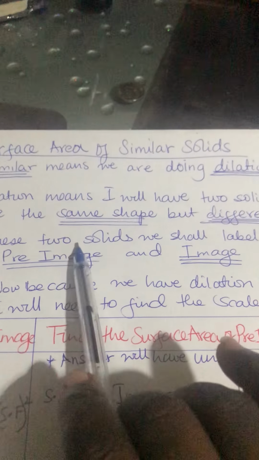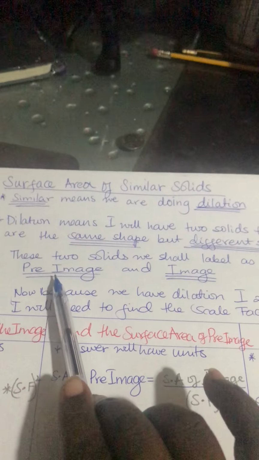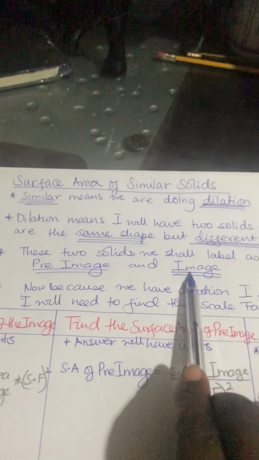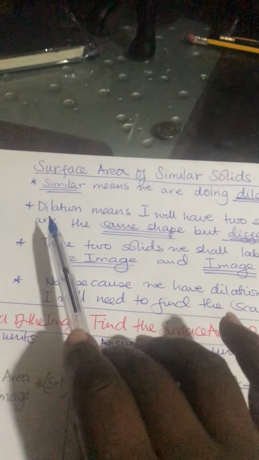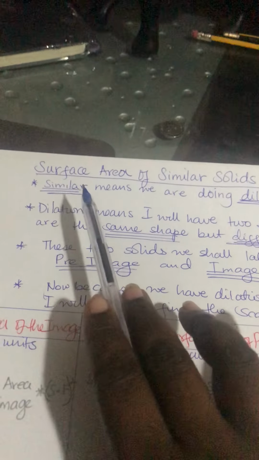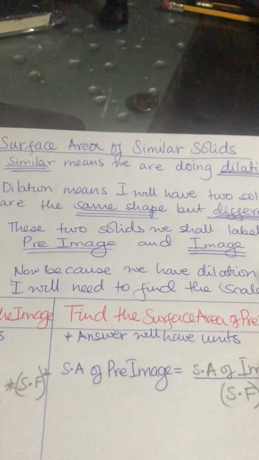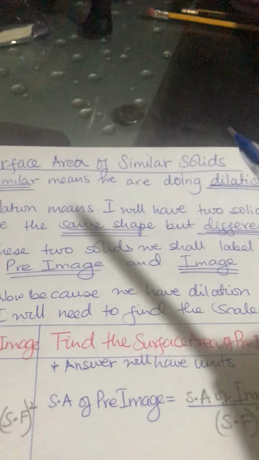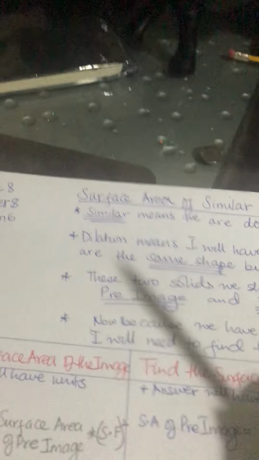So when you have two shapes during dilation, it means you have a pre-image and an image. Okay? That's what it means. So during dilation, you have two shapes, since it is a transformation. And during any transformation, you should have a pre-image and an image.